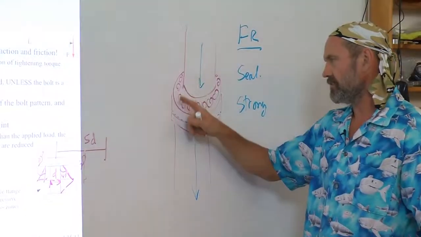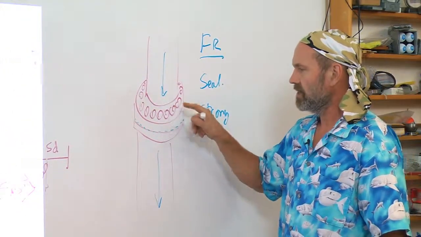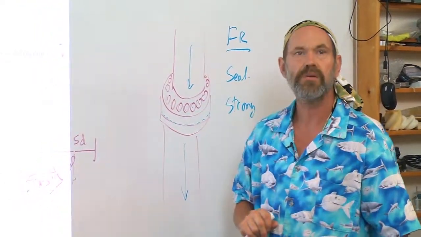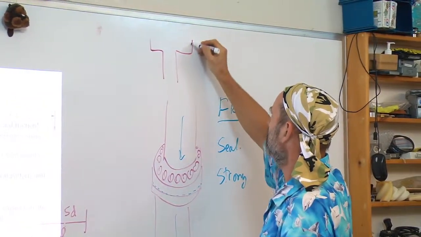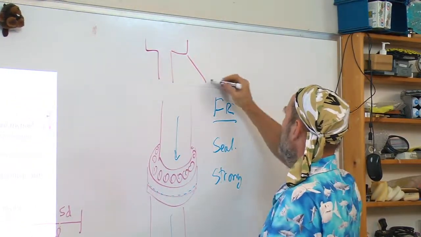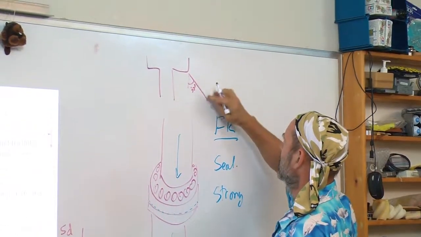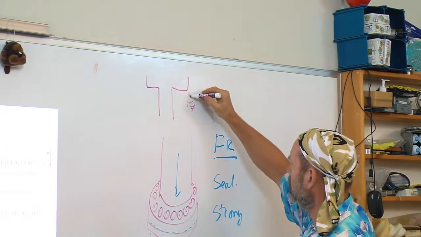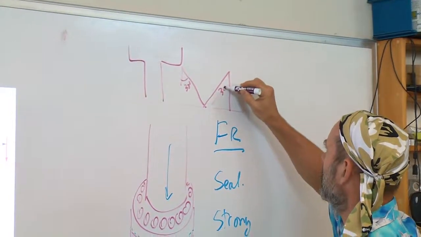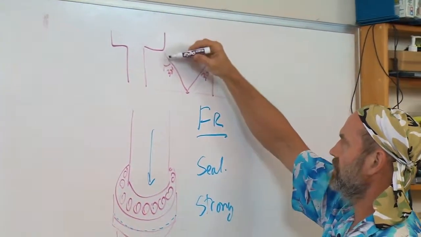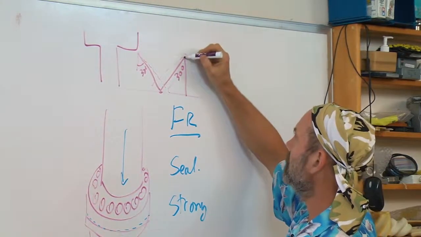And when I have a joint that must not leak, I'll put enough bolts such that the stress cones overlap. If I drew this as 30 degrees, that's a very large value, to overlap. How much? Just overlapping at 30 degrees, because in reality it's probably a little closer to 35 or so, and then you'll get the overlap.